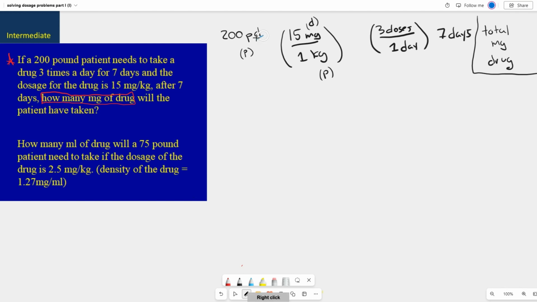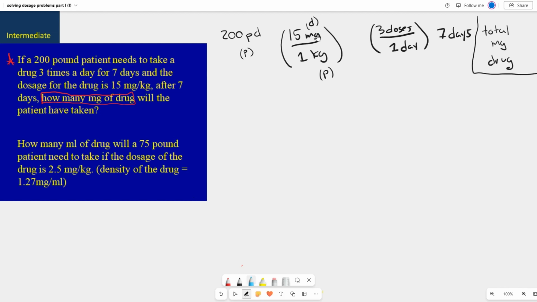If we convert his mass from pounds into kilograms, we can have these two masses cancel out, and we'll be left with just mass of drug. And that's how much drug he will take in 1 dose. Then it's telling us that he's taking 3 doses for 7 days. So we can have days and days cancel out, and that will tell us how many doses he's taking. And then we can cancel out doses, and we'll be left with just total amount of drug.